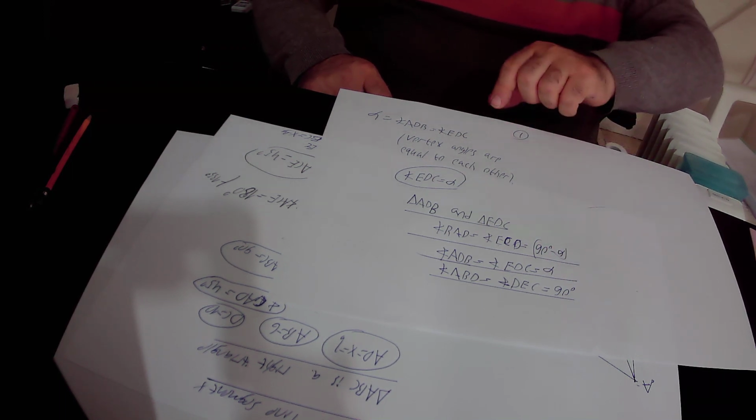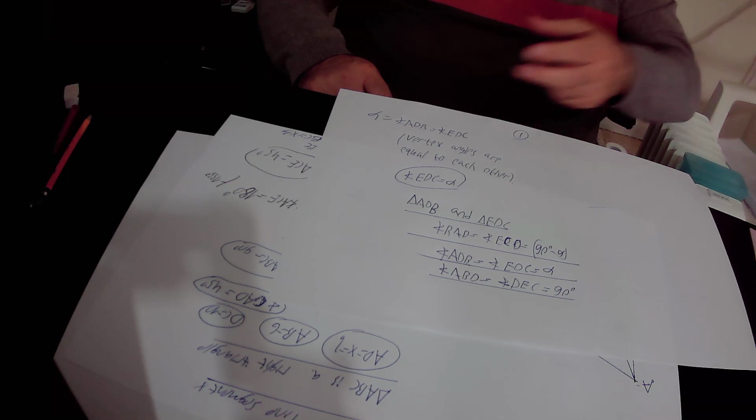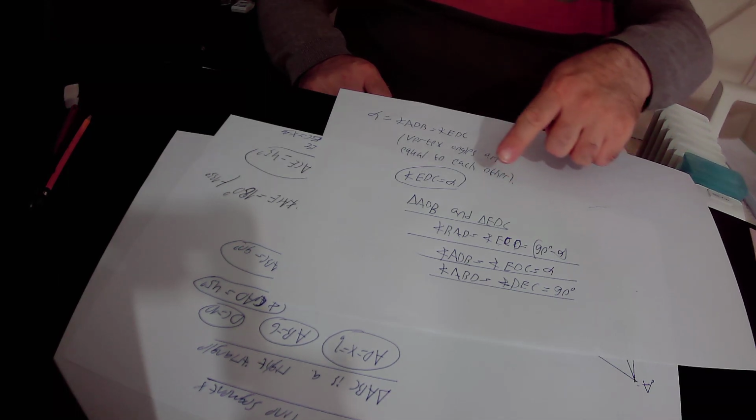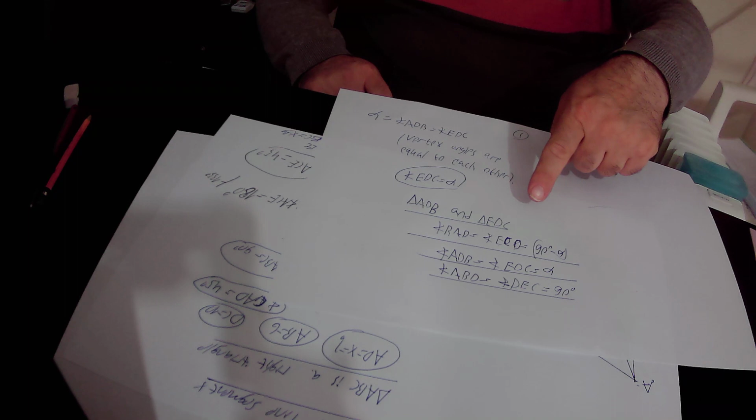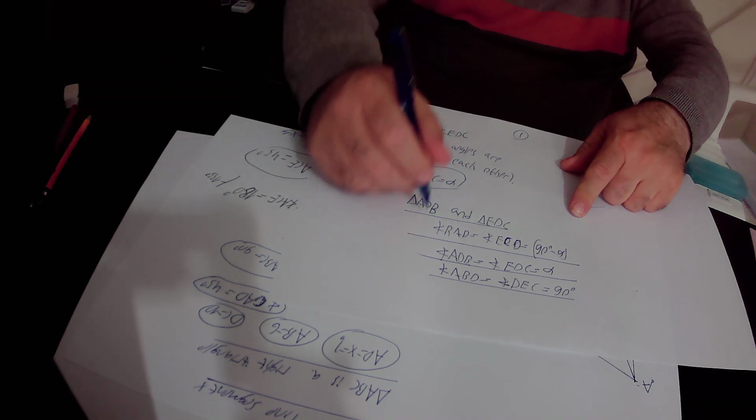Therefore, we prove that all three angles in triangle ABD correspond to all three angles in triangle DEC.